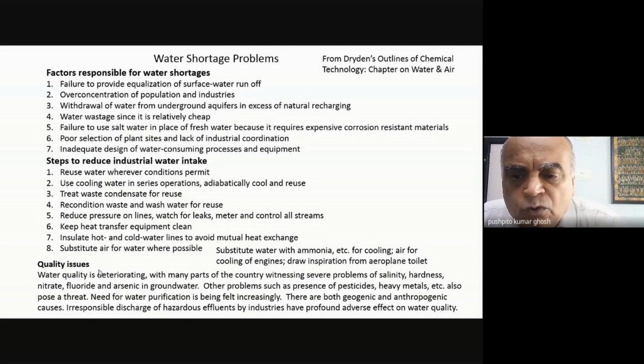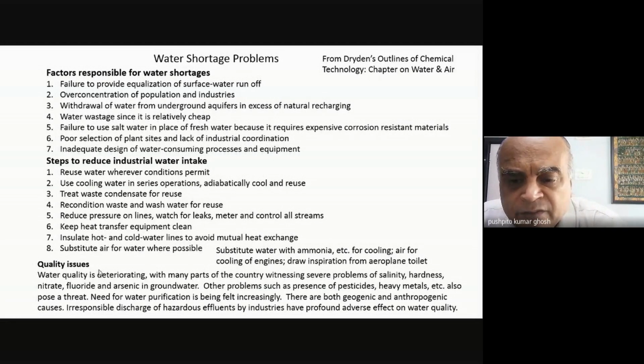So people have to do a treatment. There's hardness, there's salinity, fluoride, nitrate, name it, pesticides. There are all kinds of junk in the water, and we have really messed it up over the last many years. We have just been callous and allowed all these impurities to get into the water.